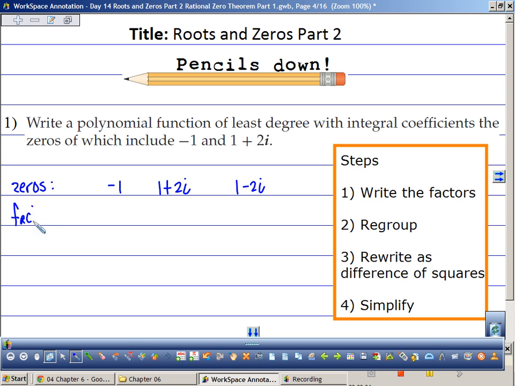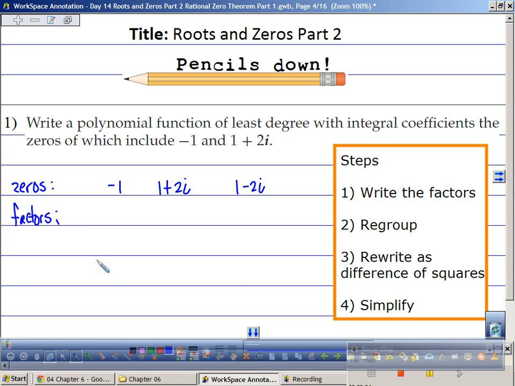Let's talk about our factors. So f of x equals, how do I normally write this one? It would be x plus 1, correct? I'm going to write these in brackets because this is going to get a little bit complicated.